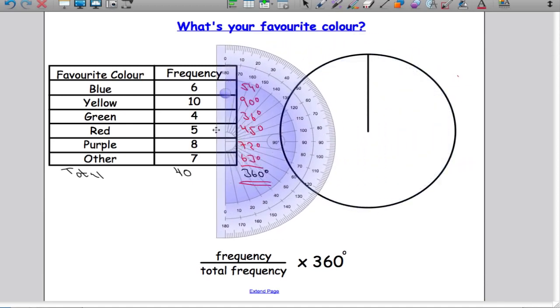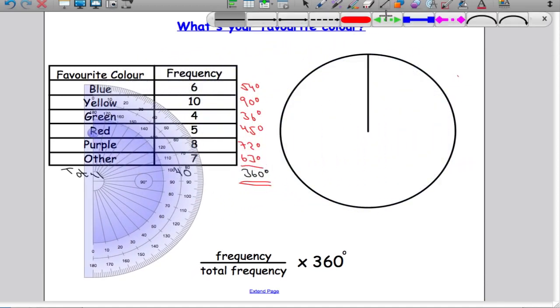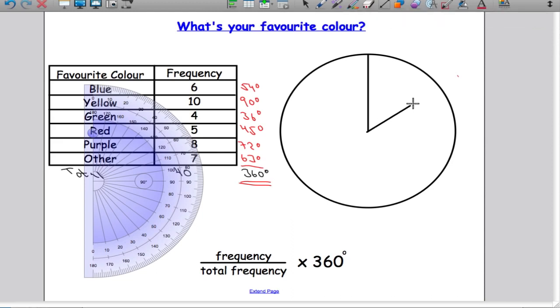We can move away the protractor now. Take your ruler, I'm just going to use the straight line tool and draw the line. So that's 54 degrees. Important to label it 54 degrees, and that is for blue.